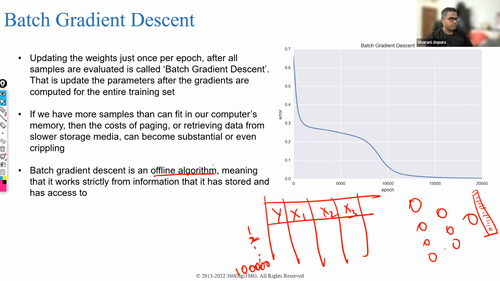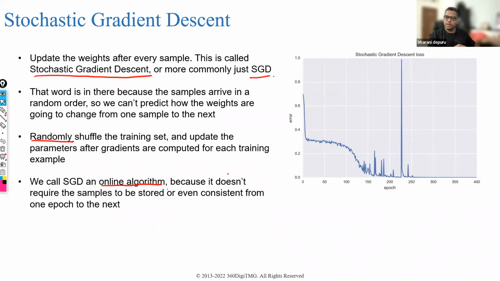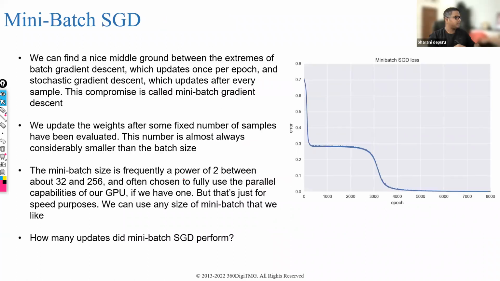All these weights and loss values have to be stored. If you don't have sufficient memory, you'll get errors. That's one disadvantage, because you're passing all these 100,000 examples through your neural network, storing all the predicted values, calculating the loss, and then storing it. So it will be very time consuming. So SGD is there, which is an online algorithm.